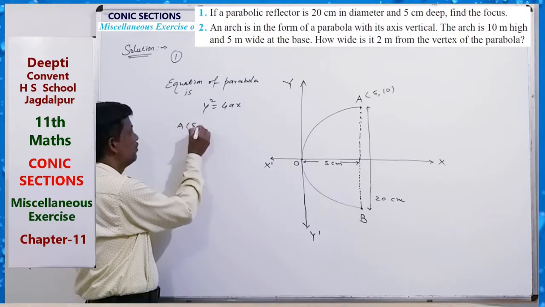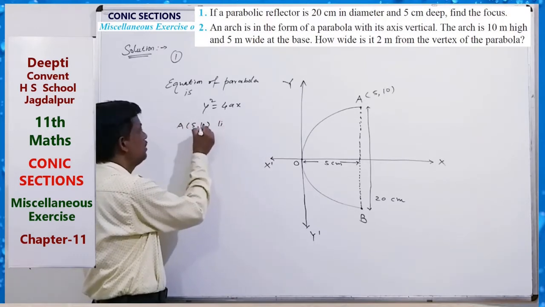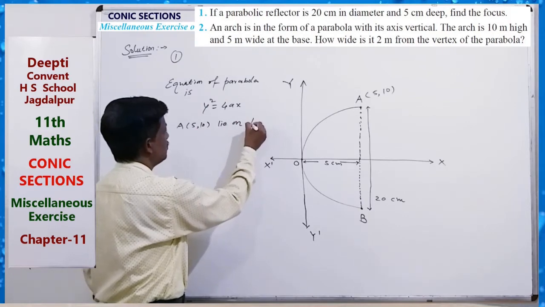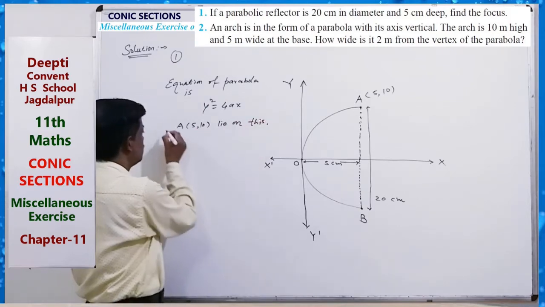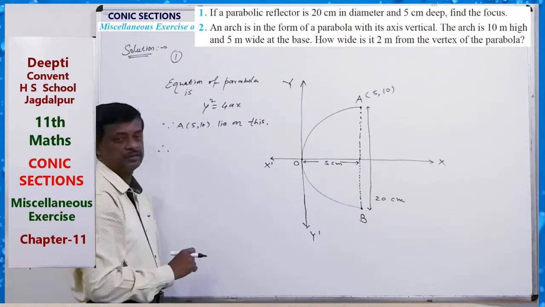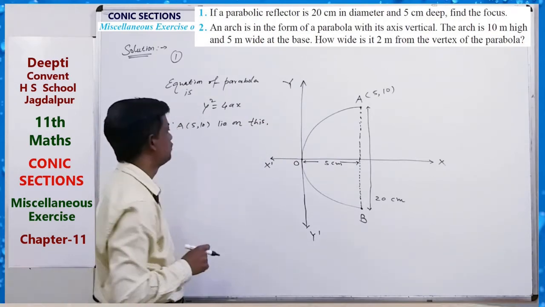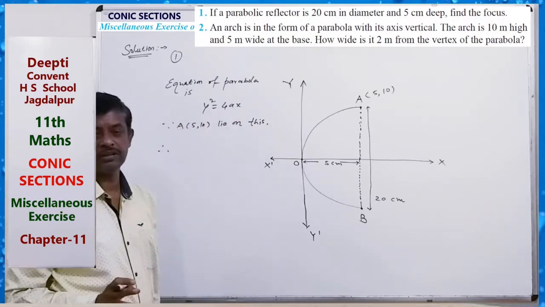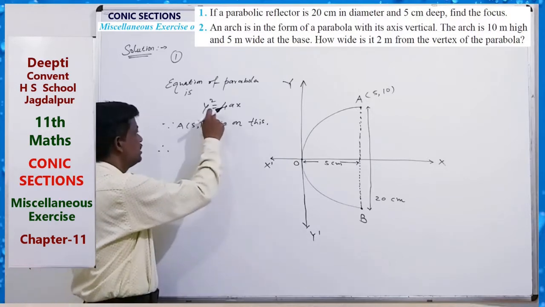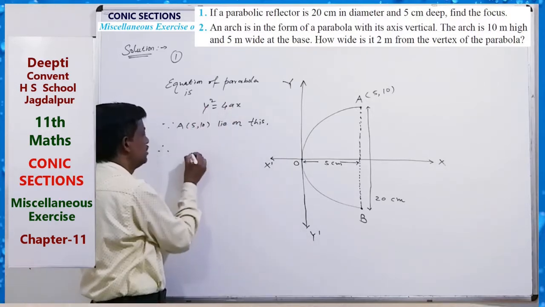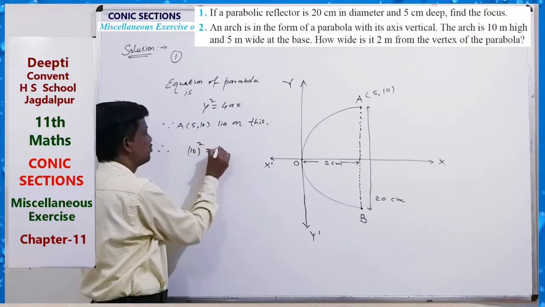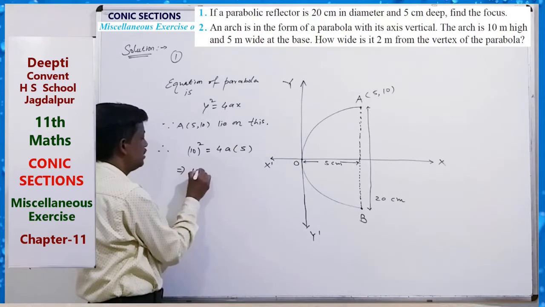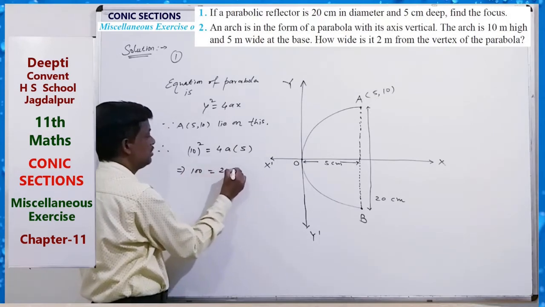The point A (5, 10) lies on this parabola, so it will satisfy the equation. Here x equals 5, y equals 10. So 10 square equals 4 into a into 5, so 100 equals 20a.